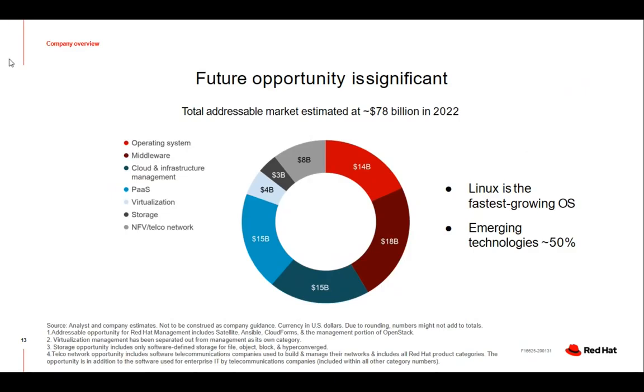If you look at the installations on AWS and Azure, the maximum number of workloads running on Azure and AWS are actually Linux workloads. So the operating system will remain a huge addressable market forever, but the newer opportunities lie in middleware, cloud infrastructure management and PaaS.